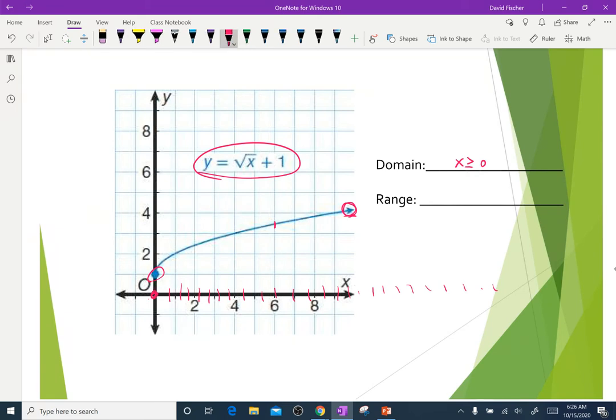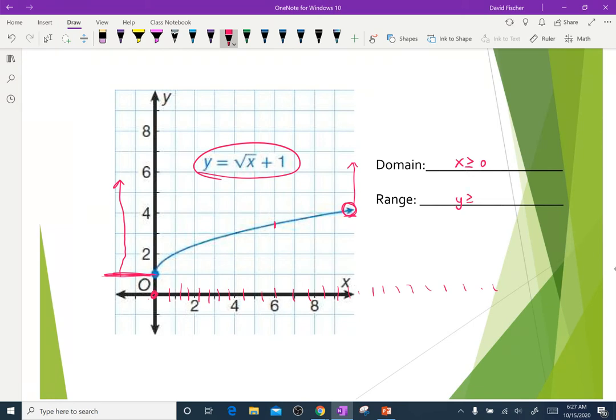All right, let's go to my ranges. My ranges are kind of the same thing. When I go to my ranges and I start looking, my ranges start right here, and they kind of go forever up this way because this line keeps going higher and higher ever so slightly, but it goes up forever. So I want to say my y's start at 1.